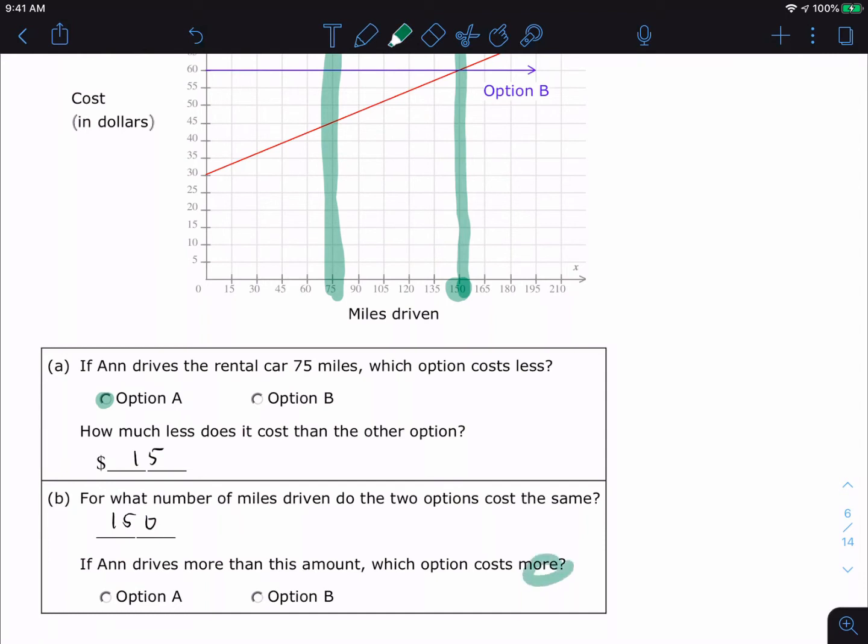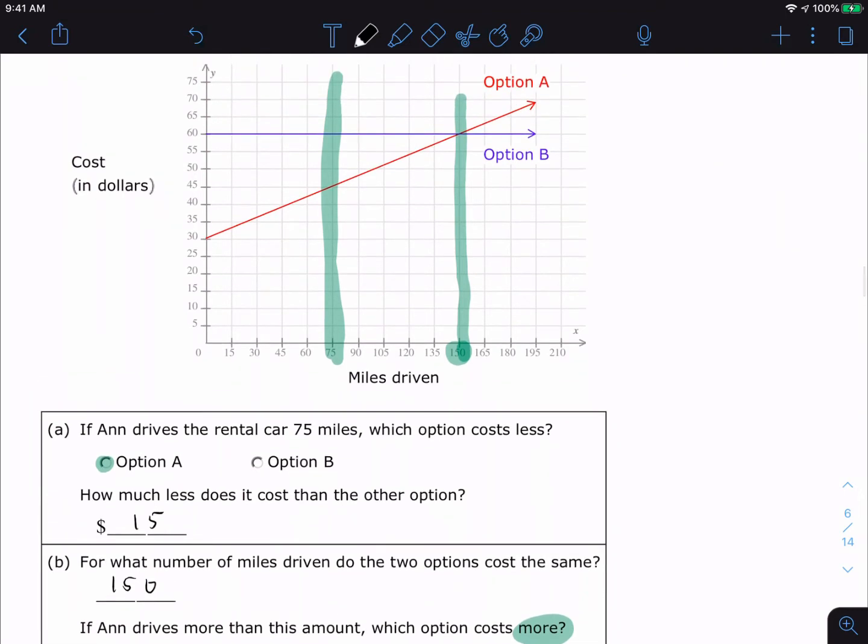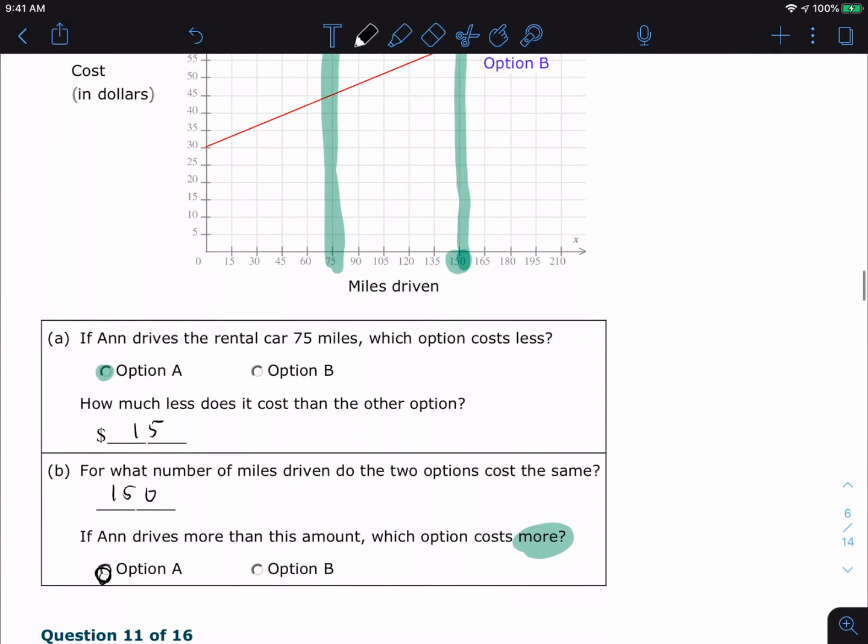They're asking which one costs more after that 150 miles. So which one costs more after? So looking at the picture, isn't the red one higher than the blue one? Yeah. So then the one that costs more is A. Cool?